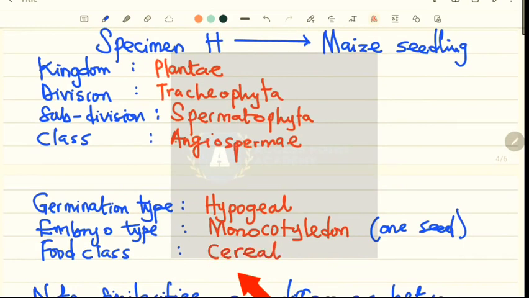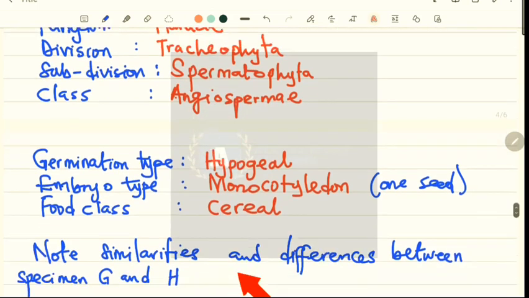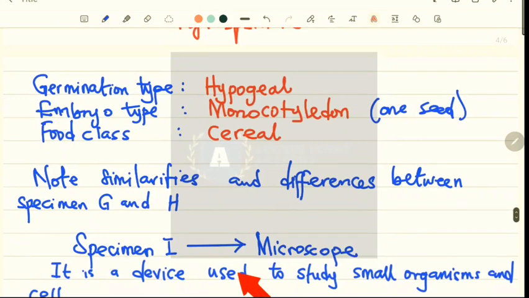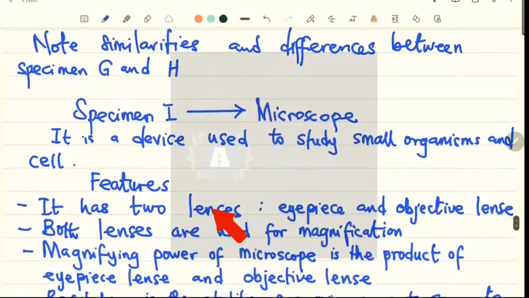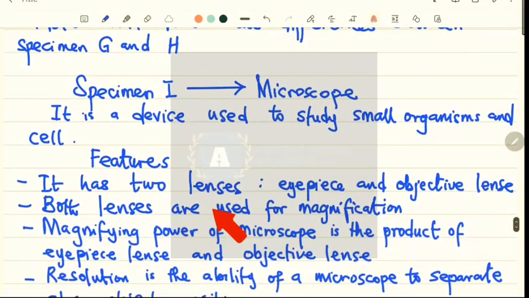Then the food class is cereal, unlike specimen G, which is a legume. So we have been told to note the similarities and differences between G and H. Then quickly, the next specimen is specimen I.